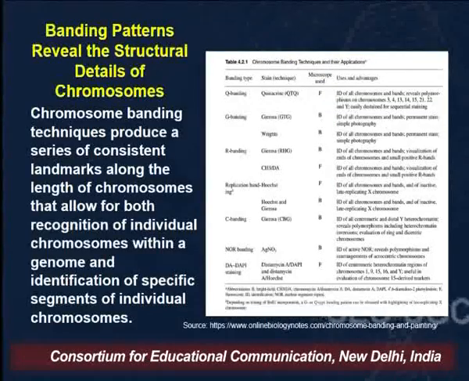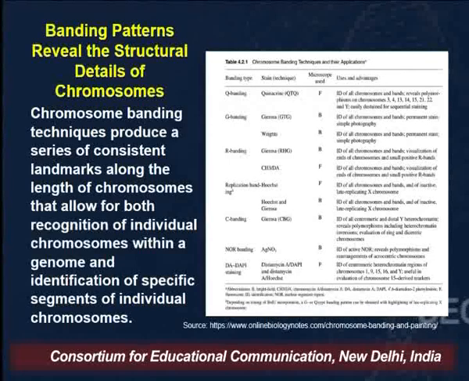Now, as we see in this table, there are various banding patterns. These chromosomal banding techniques help the scientist to identify specific segments within the individual chromosomes and what kind of aberration or chromosomal change is happening.